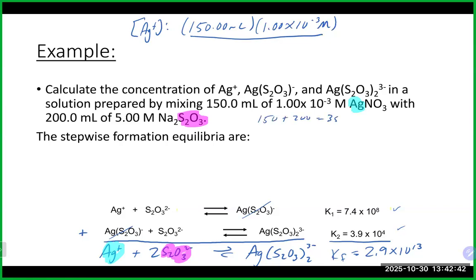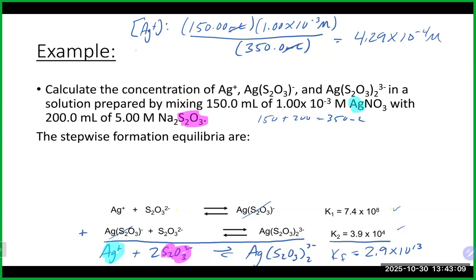So that's 350 milliliters is our total volume once we mix everybody together. Milliliters cancel, leaves us molarity. And that means for our silver here, we got 4.29 times 10 to the minus 4 molar.